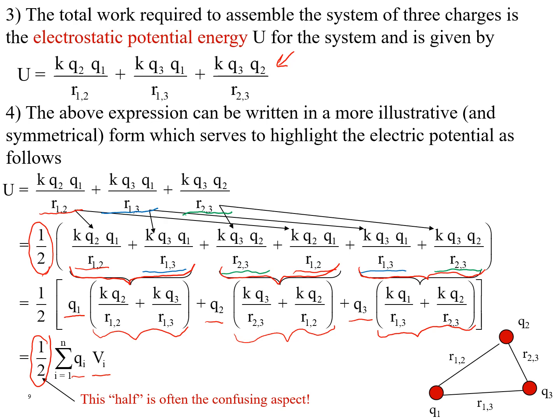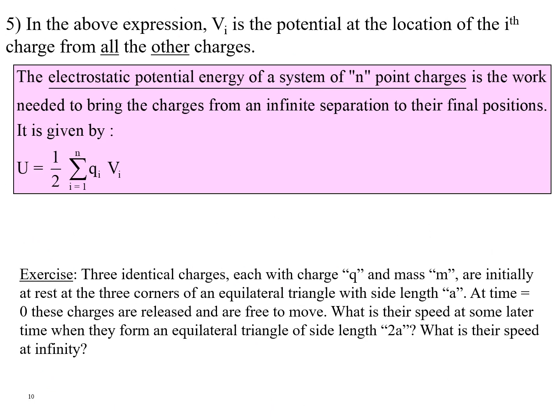So with this understanding, we're now in a position to write out the electrostatic potential energy of a configuration of n point charges, and it is actually given by half of the sum of the products of each of the charges Qi and the voltage at the location of that charge due to the other charges that make up that configuration of charges.